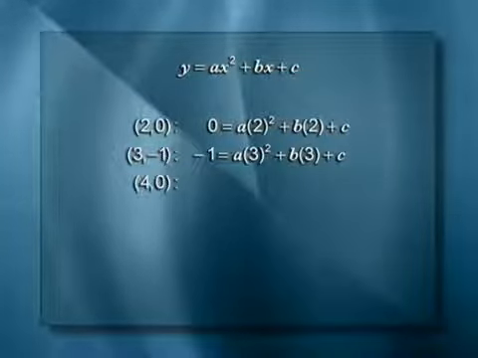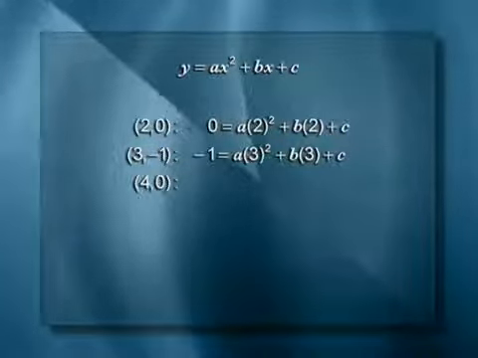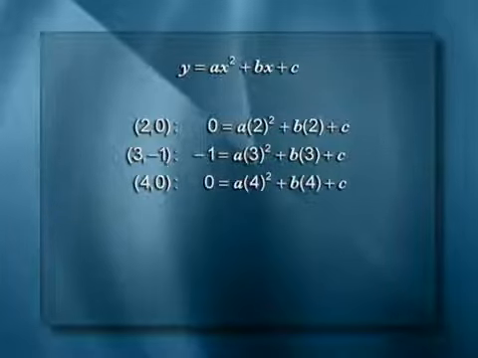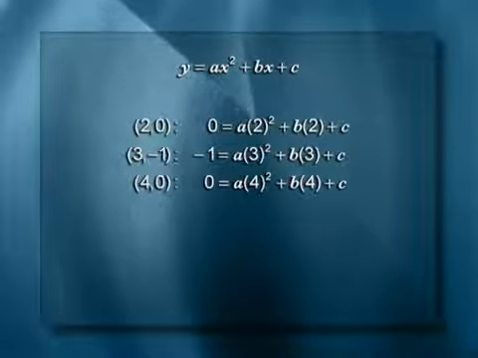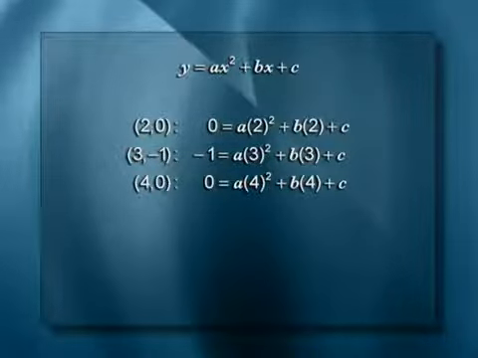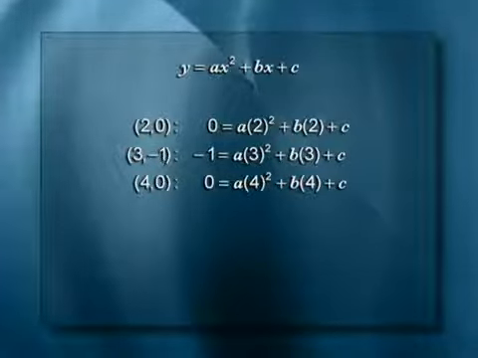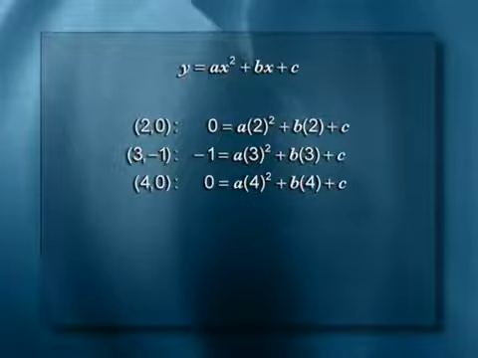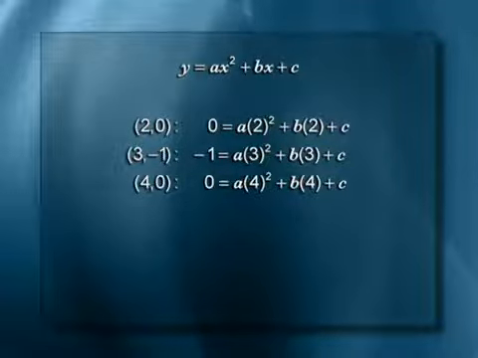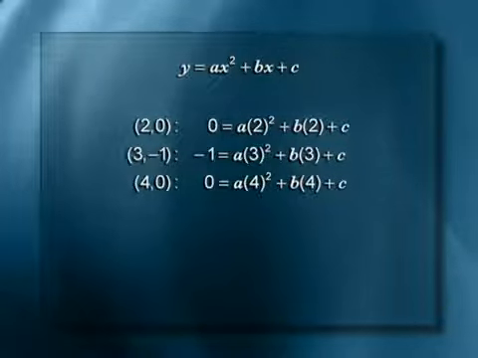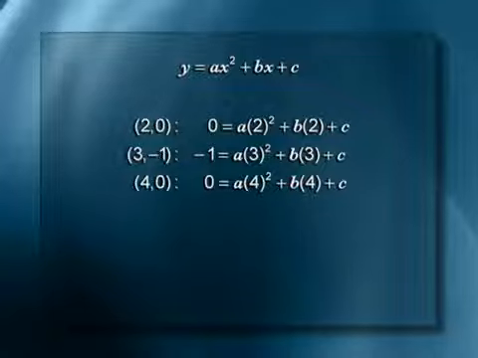And plug in (4, 0), and you get the third equation. 0 equals a times 4 squared plus b times 4 plus c. Now, multiply out those squares, and this gives rise to a system of linear equations. If there's one adage in mathematics or in applied mathematics, almost everything gives rise to a linear system that you then have to solve with Gaussian elimination.